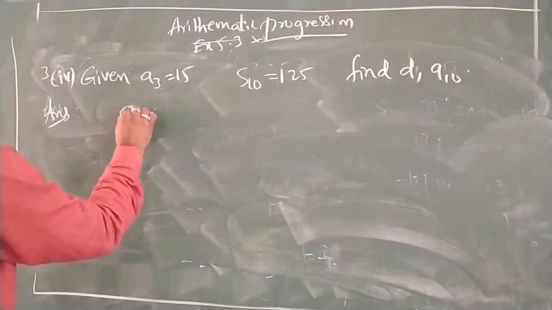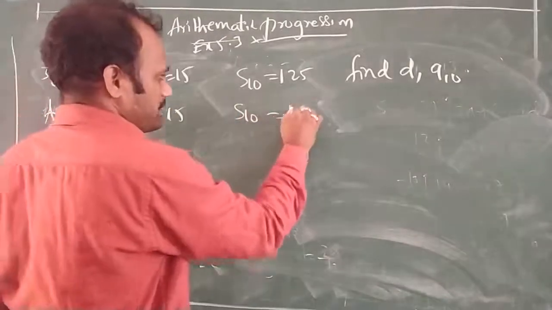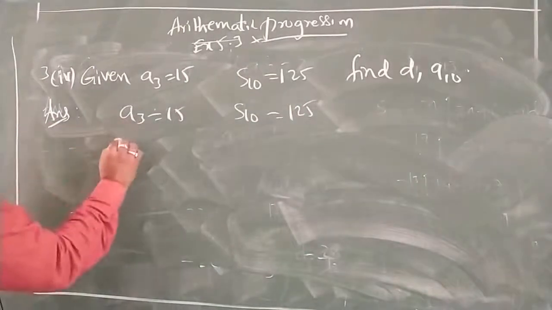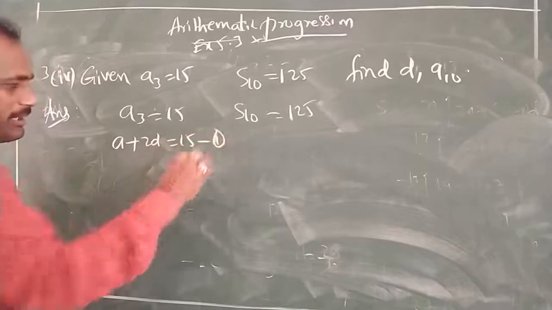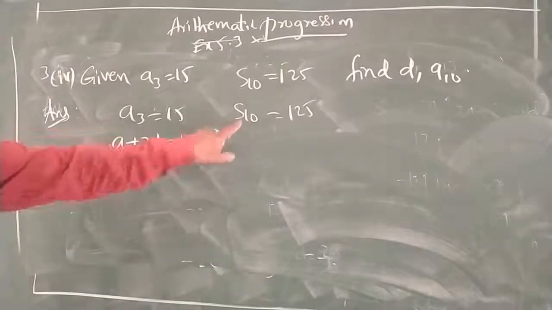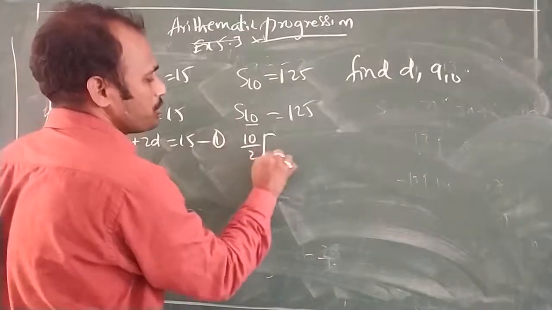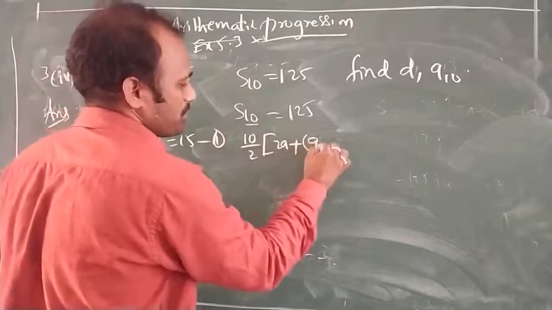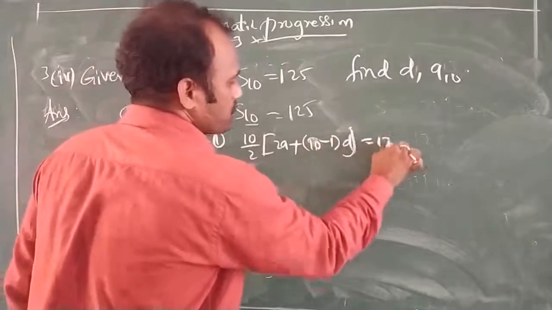First, the given values we will write: A3 is 15, S10 is 125. A3 means, as I have already said, reduce one and write, that is A plus 2D is 15. Mark it as first equation. Sn formula is N by 2 into 2A plus N minus 1 into D. N is 10, so 10 by 2 into 2A plus 10 minus 1 into D is equal to 125.